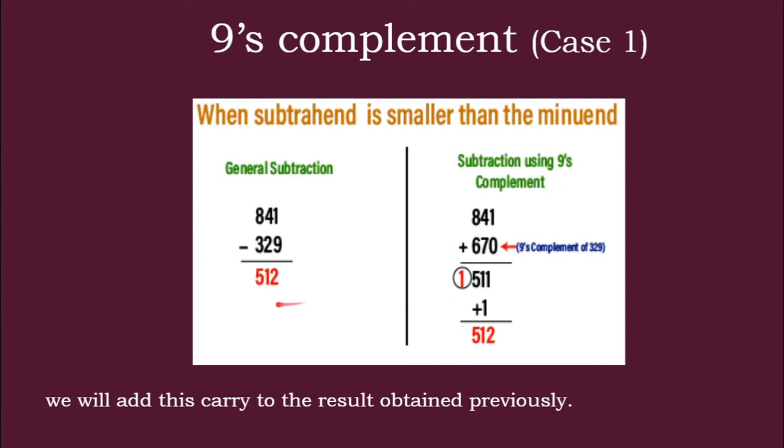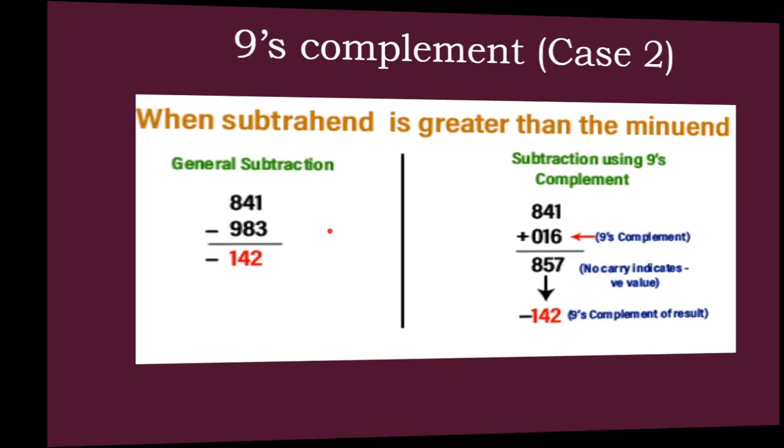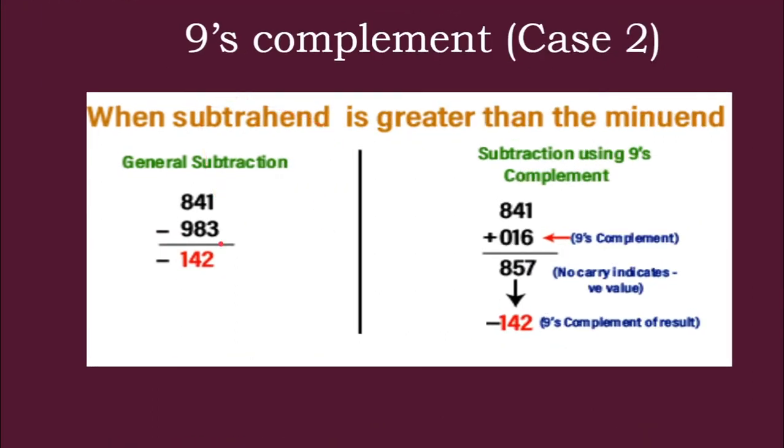Now we can cross check the answer we got in the normal subtraction and in the subtraction using the nines complement. The answer is 512. This is the case where the smaller number is subtracted from the bigger number. Now the next case, case 2, is where from the smaller number we subtract the bigger number.